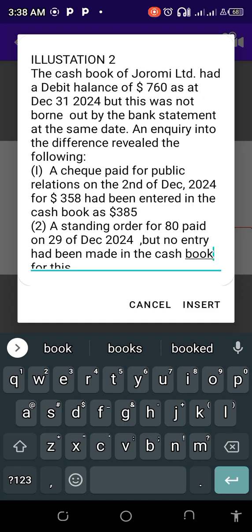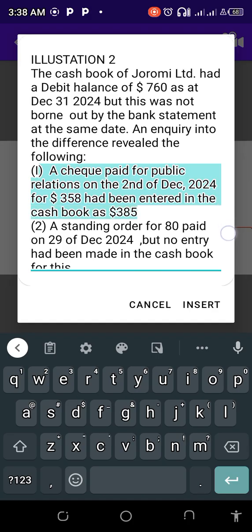The first is number 1. A check paid for public relations on the 2nd of December 2024 for $358 had been entered in the cash book as $385.